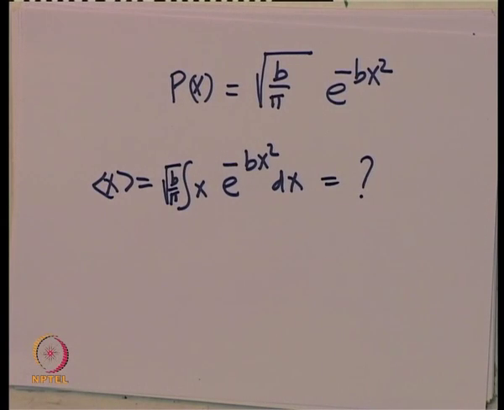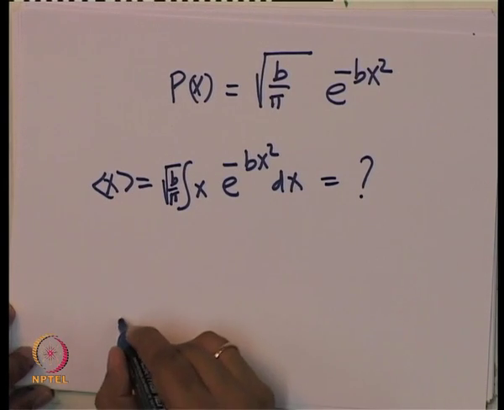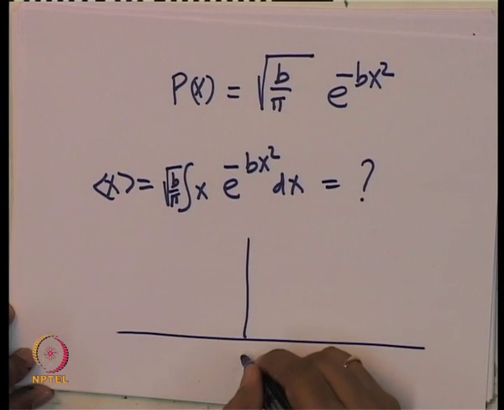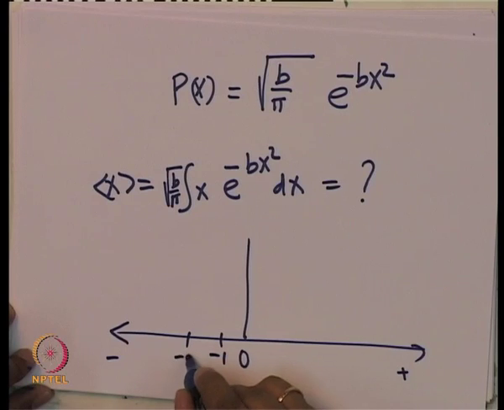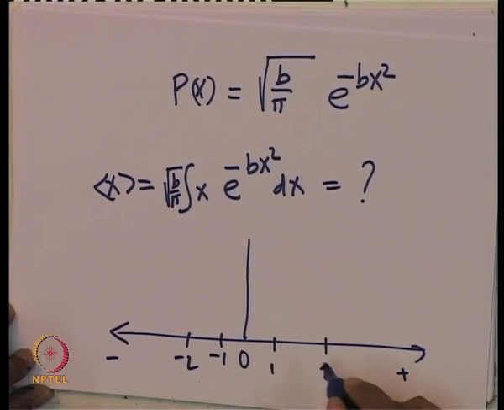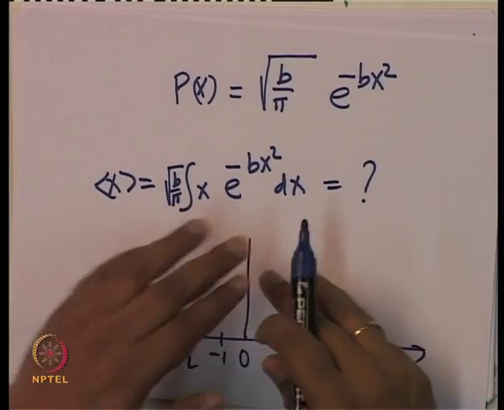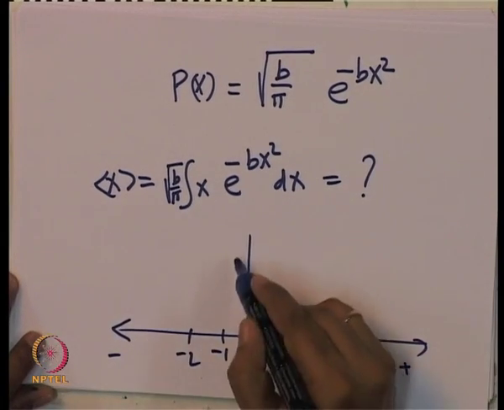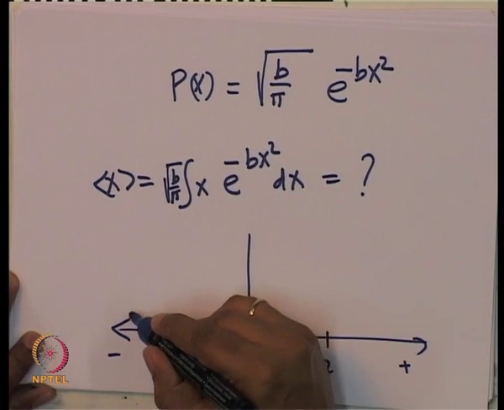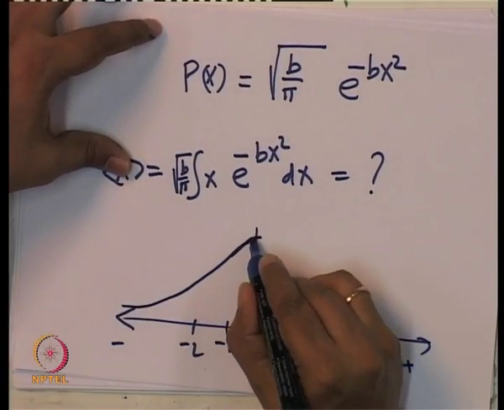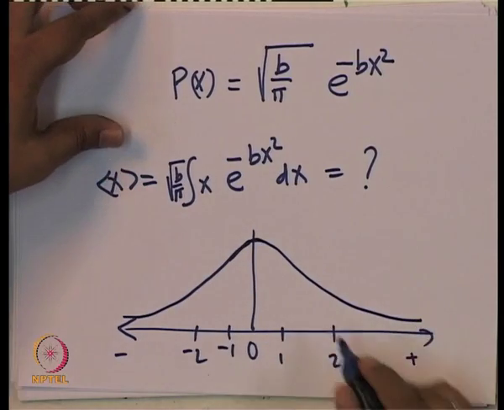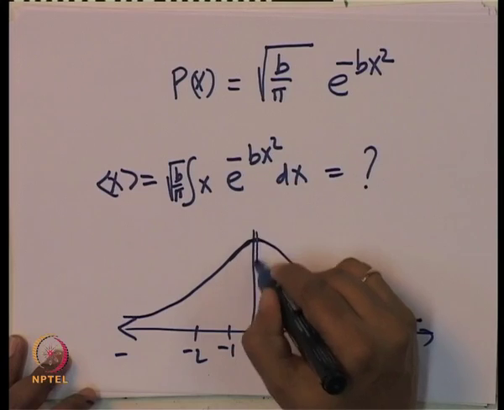Without doing the actual calculation, just by looking at the function plotted, you might be able to know the answer. So, this is 0, this is plus x, and this is minus x. This is minus 1, minus 2, this is 1, this is 2, and this is some function which is symmetric on both sides, exactly the same this way and that way.